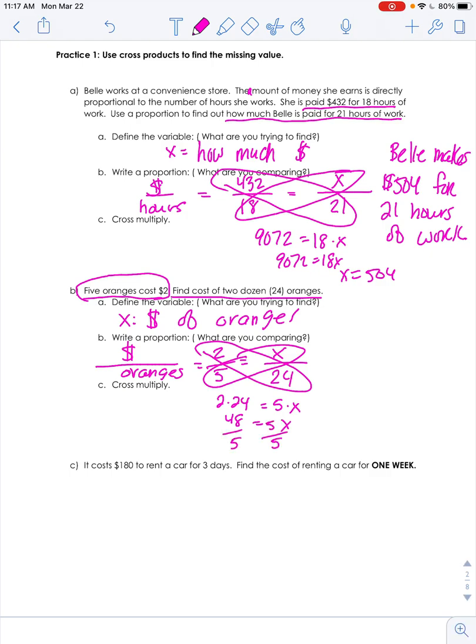Divide by 5, divide by 5. So we get 9.6, so what does that mean? 24 oranges costs $9.60.